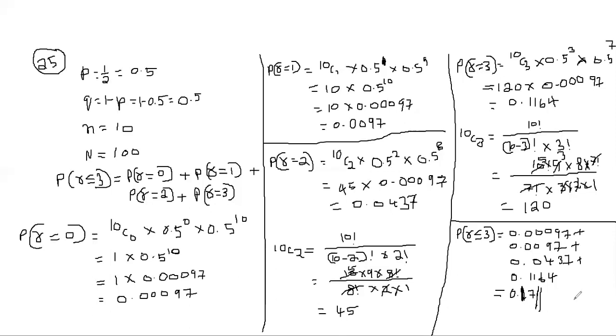So this answer, 0.17, should be multiplied by 100. Finally, for 100 investigators, it is equal to 100 into 0.17, which is 17.